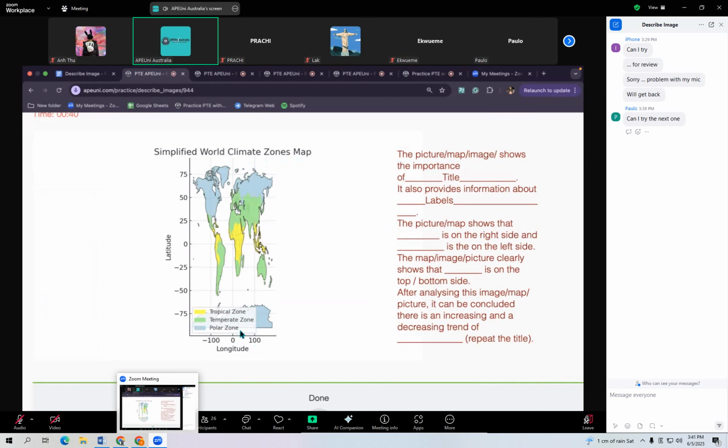The image also clearly shows that on the left, there is latitude, on the right, there is tropical zone. After analyzing this image, it can be concluded that there is an increasing and a decreasing trend of simplified world climate zones map, right? So you go round and round, you keep on saying the same things again and again for your left side, right side, top, bottom part, and your labels as well, right?